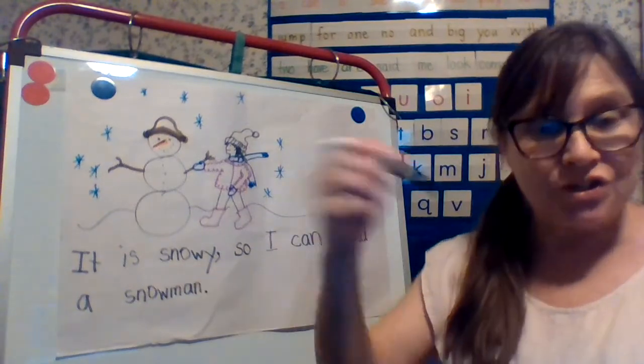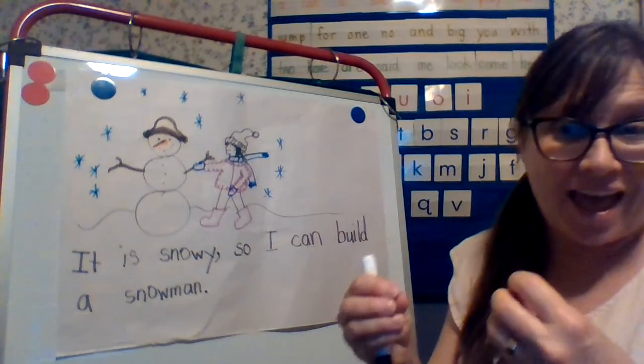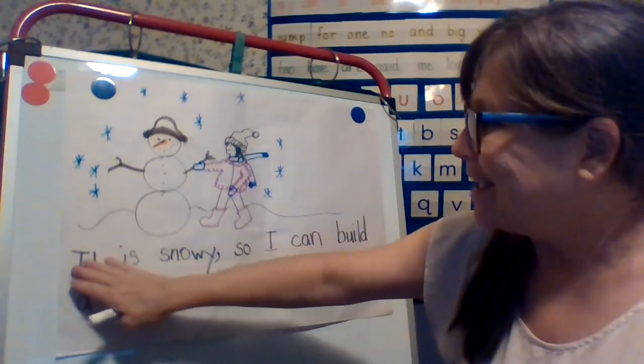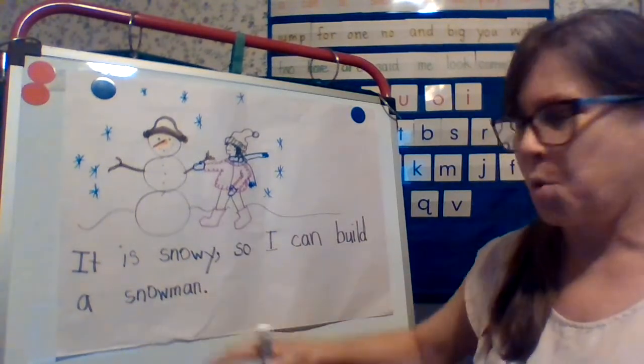Now, I could turn it around. I can say the effect first. So it is snowy. That's my why, the cause. It is snowy, so I can build a snowman.